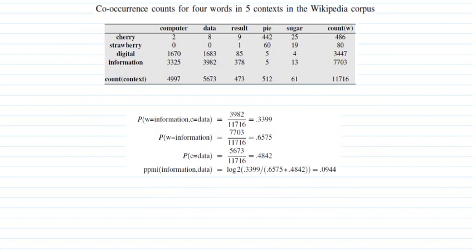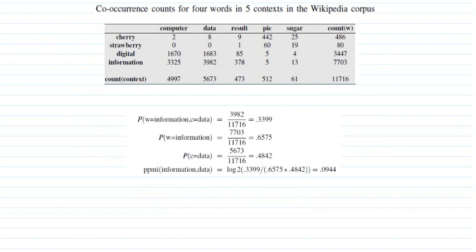So in this example, this is the word context matrix generated from the Wikipedia corpus with a context size of 5, that is plus minus 5. Four words have been considered for the example: cherry, strawberry, digital and information. And five context words have been taken: computer, data, result, pie, sugar.